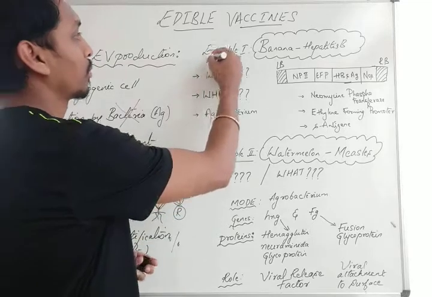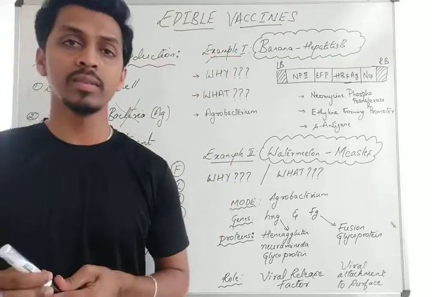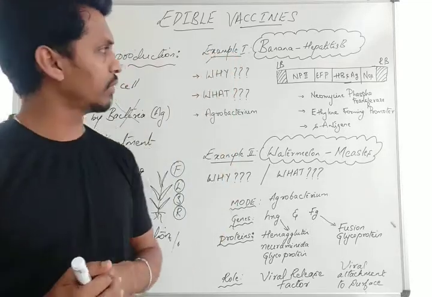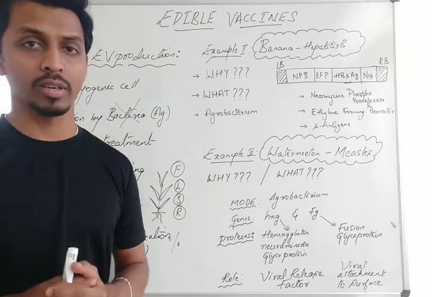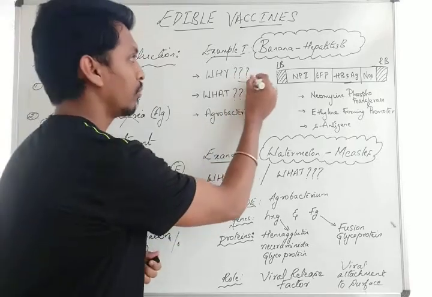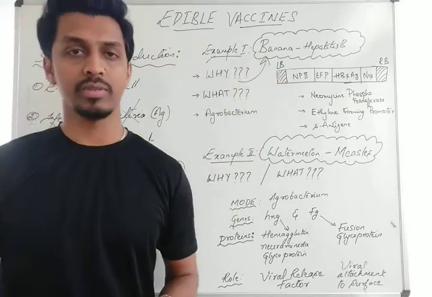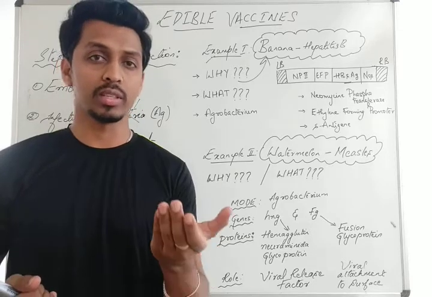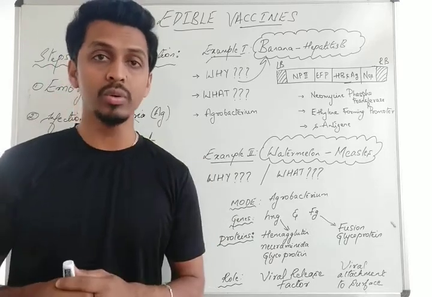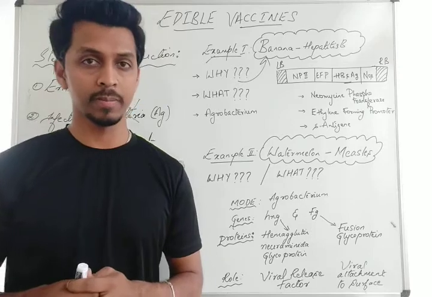The first example we have is banana and hepatitis B. Now if you see, I have mentioned 2 important things here, why and what. Now why banana? That is the question. Banana is one of the chief, what do you call it, vegetable, sorry not vegetable, it is a fruit which we get worldwide.